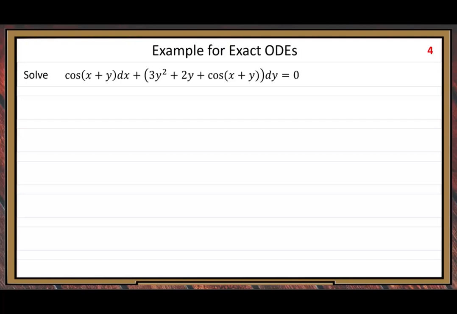First, we need to check the exactness. Otherwise, if it does not satisfy our criterion for the exactness, we have to stop, because our standard method to determine the u function won't work.